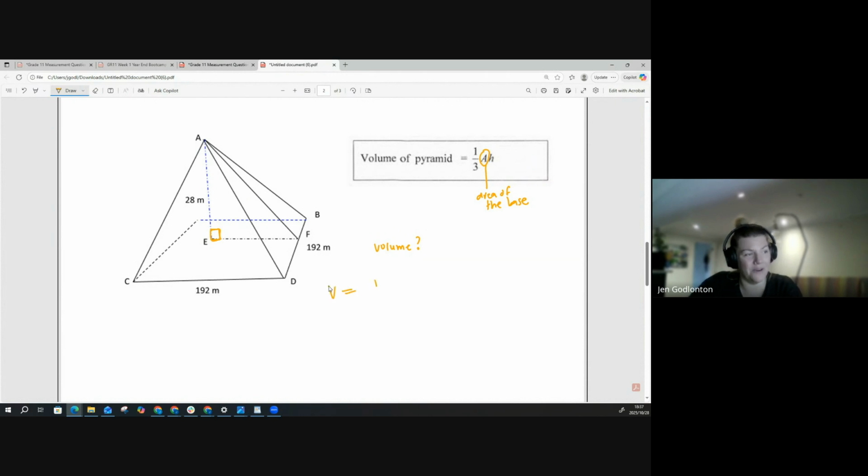The volume of our pyramid is a third times the area of our base times the height of our pyramid. So a third of 192 times 192 times the height of our pyramid, which is 28. We're going to pop that straight into our calculator exactly like that, and we should get 344,064 meters cubed.